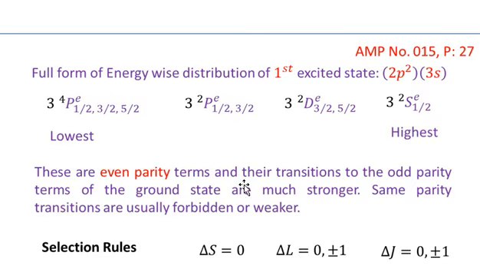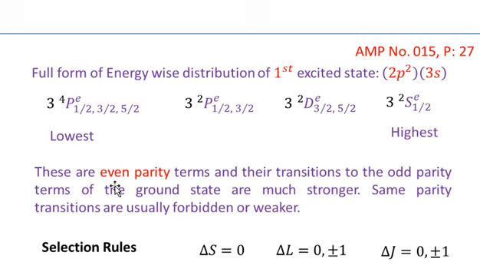So these are even parity terms, and their transitions to the odd parity terms of the ground state are much stronger. You know that the ground state terms of the atomic nitrogen all have odd parity, and the first excited states of the atomic nitrogen, as we see, have even parity.